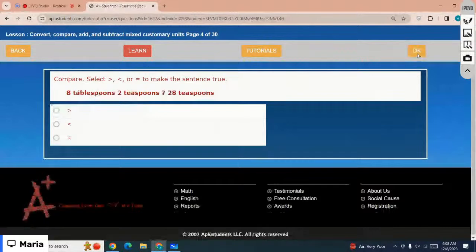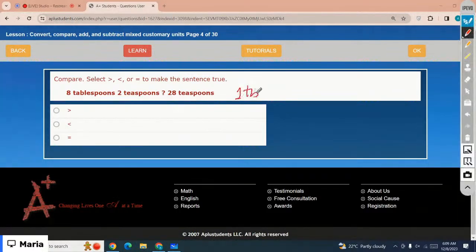Okay, the next one is 8 tablespoons and 2 teaspoons. So which is the correct option? 1 tablespoon equals 3 teaspoons, right? So convert this tablespoon to teaspoons. It would be 8 times 3. 8 times 3 is 24.